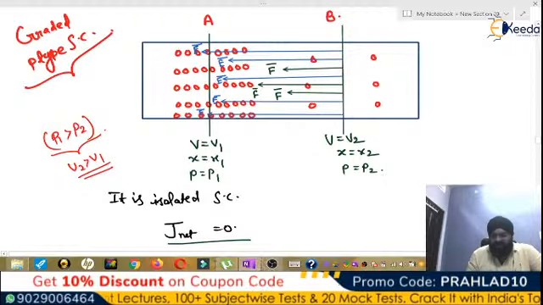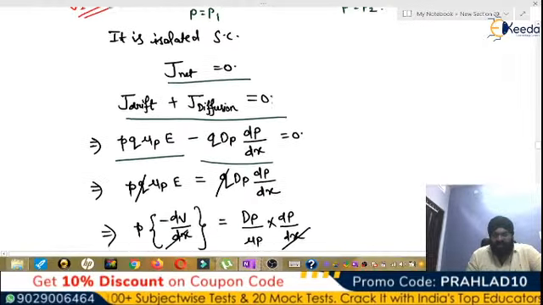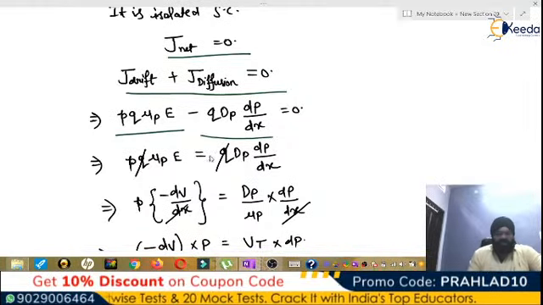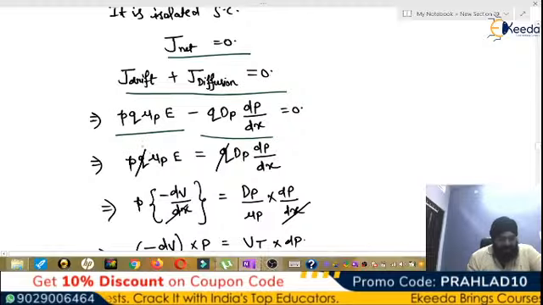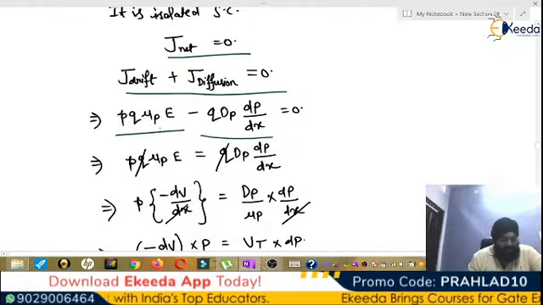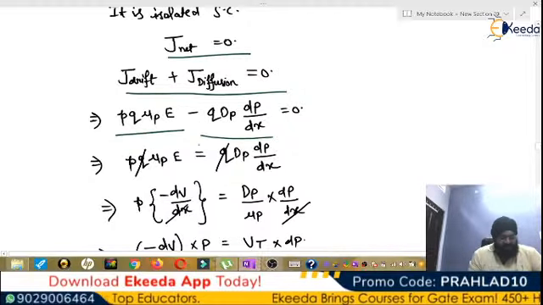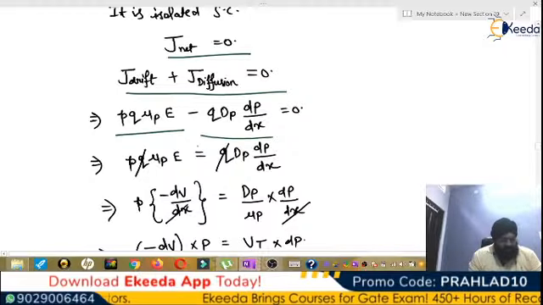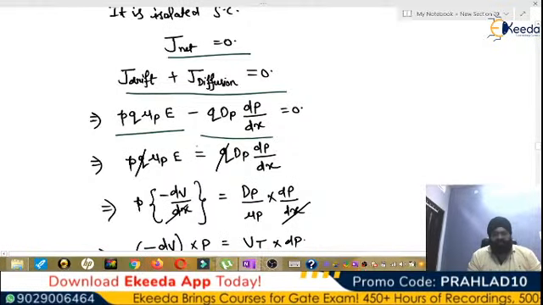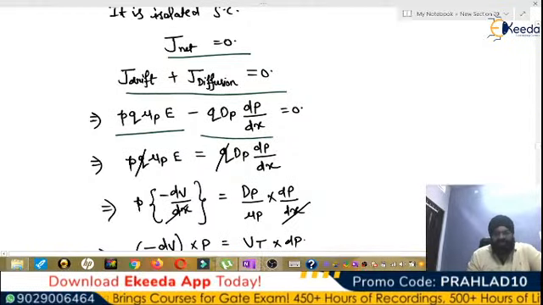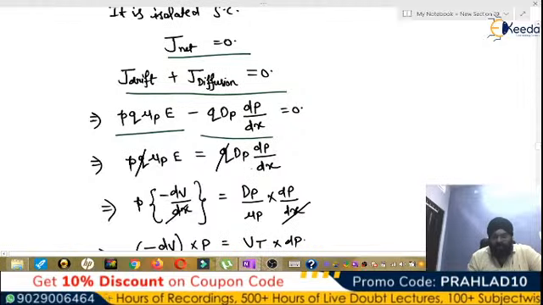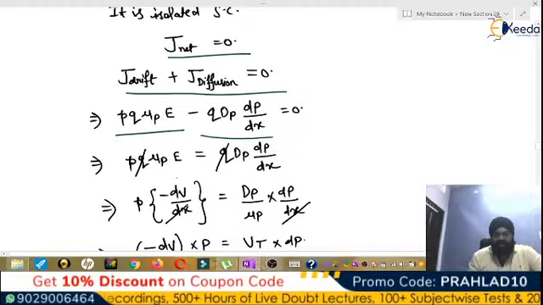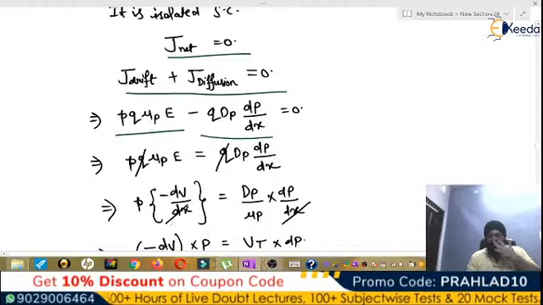When it is an isolated semiconductor, the net current density is 0. Hence, drift plus diffusion current density is 0. Drift current density is P Q mu P into E, and diffusion current density is minus of Q into dP over dx. So P Q mu P into E is equal to Q into dP over dx. And electric field is minus of dV over dx.